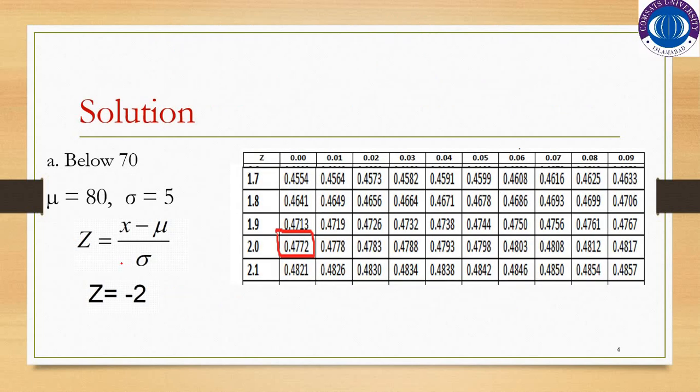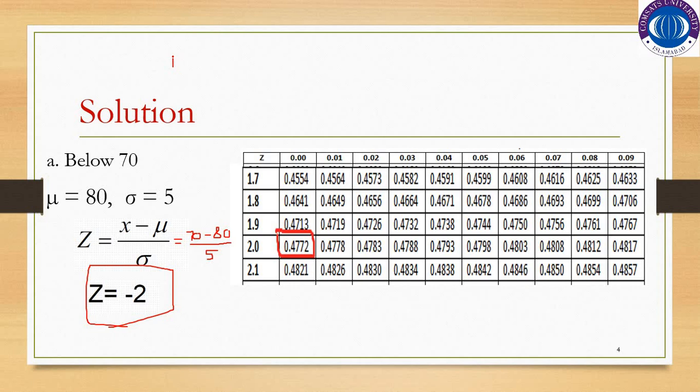So z is x minus mu over sigma, as x is 70, minus 80 over sigma, which is 5. So this will be equal to minus 2.